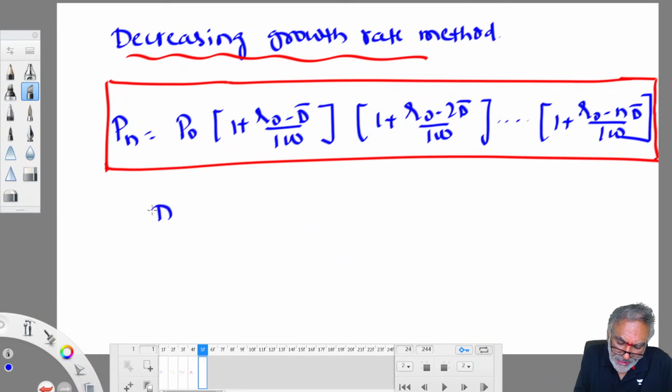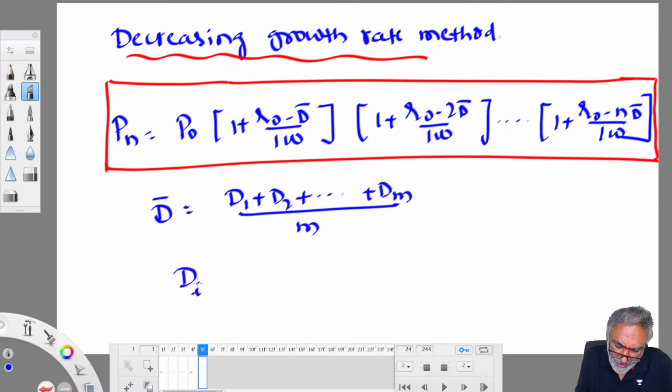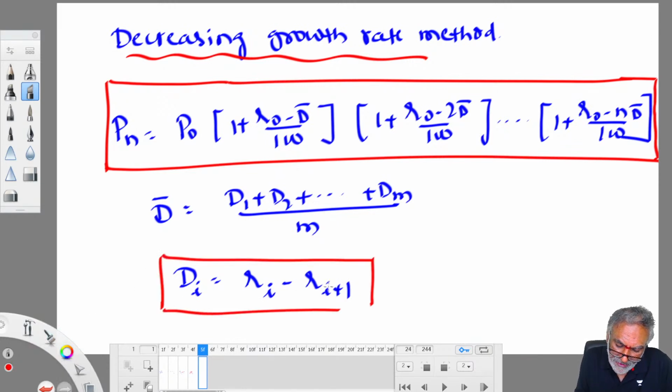So this D bar, we work out by using D values: D1 plus D2 dot dot dot Dm by m. So D at any point of time, the ith time period, you have to compare R values, Ri minus Ri plus 1. Percentage increases you calculate, then you can calculate the D value. D bar is nothing but the average decrease in percentage increases.